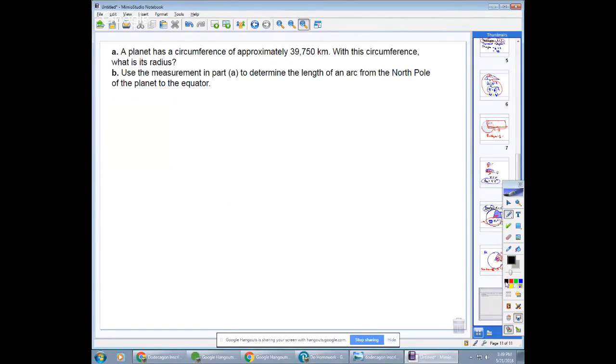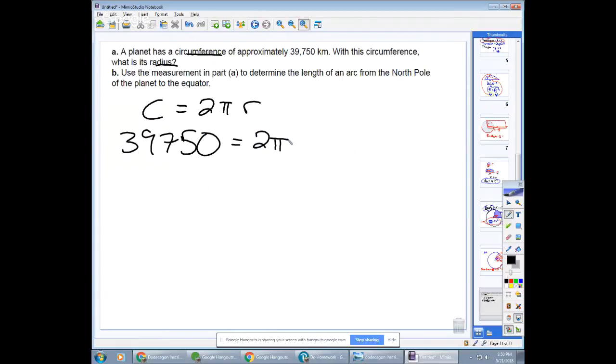So here we want to make a connection between the circumference and the radius. We have a couple of different circumference formulas. Given that we want the radius, we'll use the one that says 2 pi times the radius. And we're given 39,750 kilometers. I'll leave the kilometers off for now.